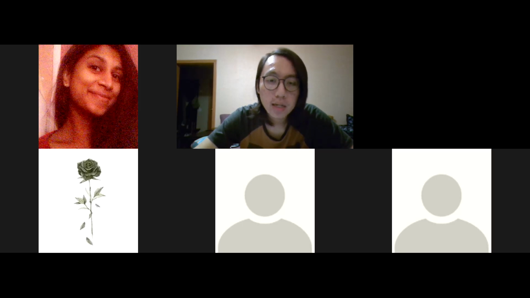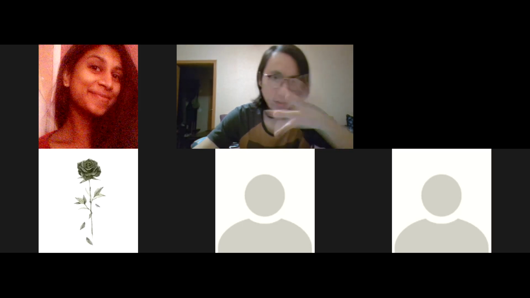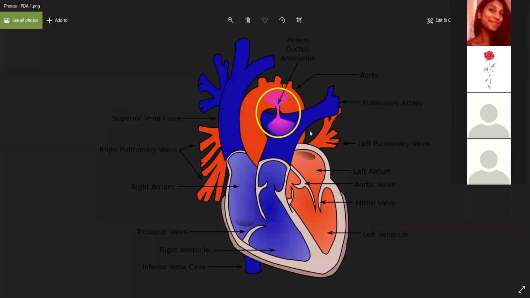It is a blood vessel that connects your pulmonary trunk, your pulmonary artery, the same thing, to the descending part of your aorta. You see, this is your pulmonary artery over here. It's a blood vessel that connects your pulmonary trunk, pulmonary artery to aorta. PDA, patent ductus arteriosus. Now you already understand what ductus arteriosus is. It refers to that vessel over there.